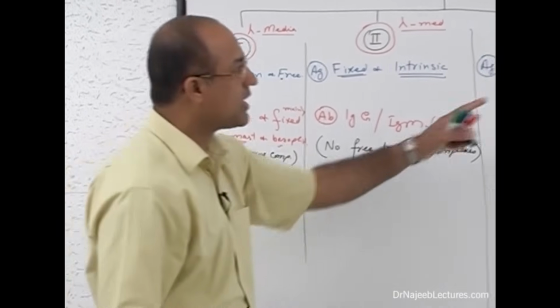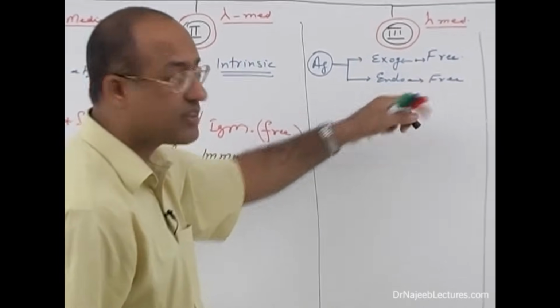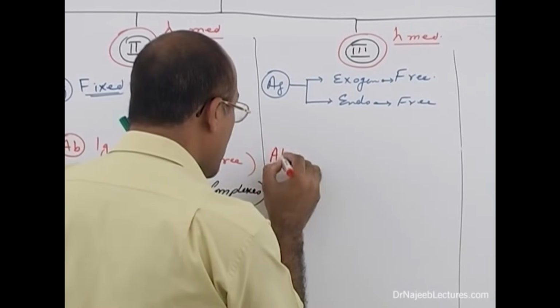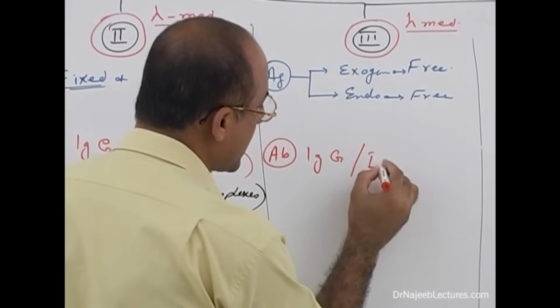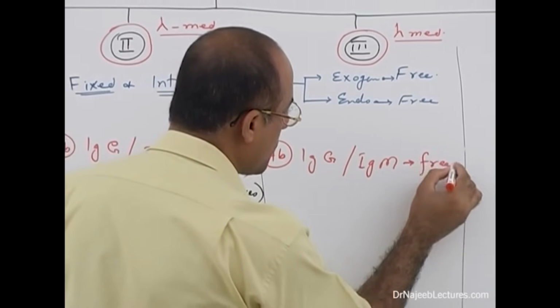But when we come to type 3 reactions, antigen may be exogenous or endogenous, but antigen is free, and on top of that the antibody is also free. Antibody may be IgG or, in type 3 reactions, it may be IgM, but the important point is it is free.